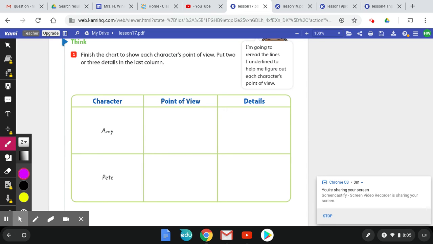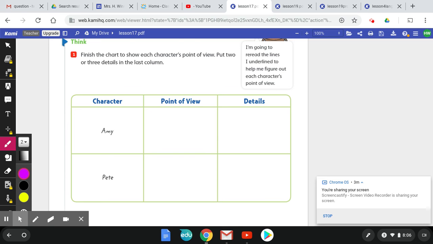Put 2 or 3 details in the last column. So you would have Amy. What's her point of view? What does she think about being in the play? And then you would have the 2 or 3 details about it. So you would write something from the story that would tell you that's how she feels about being in the play. And then you have Pete.